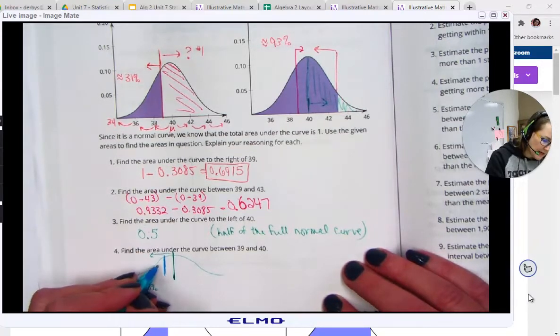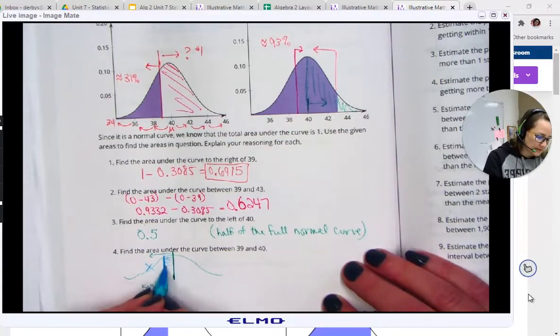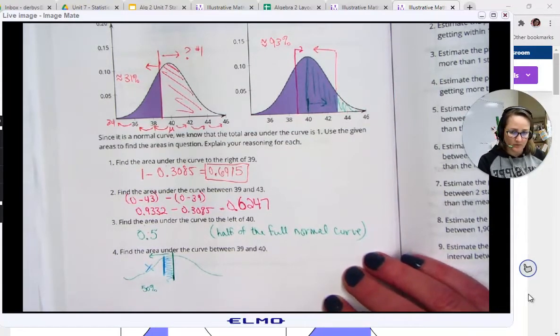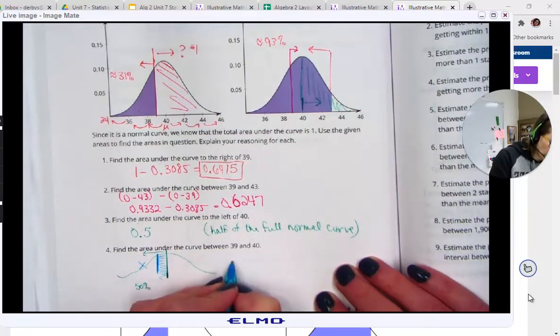And I want to subtract off that portion there so that all I have left is this portion in between 39 and 40. So I'm going to take that 0.5.